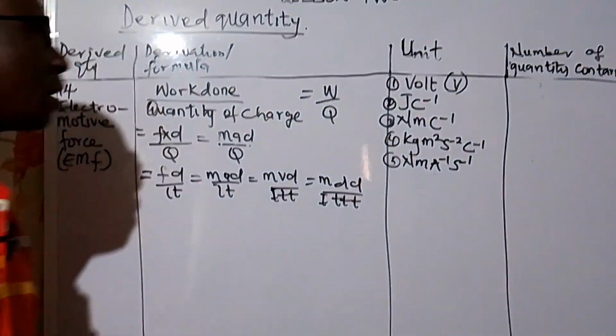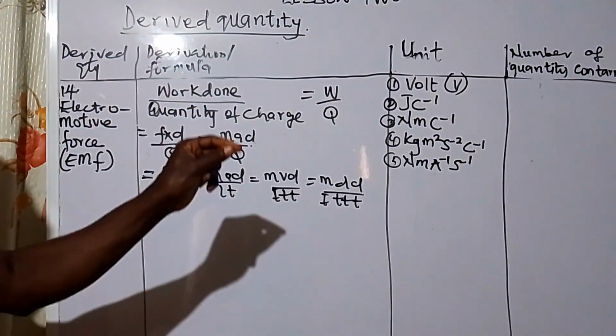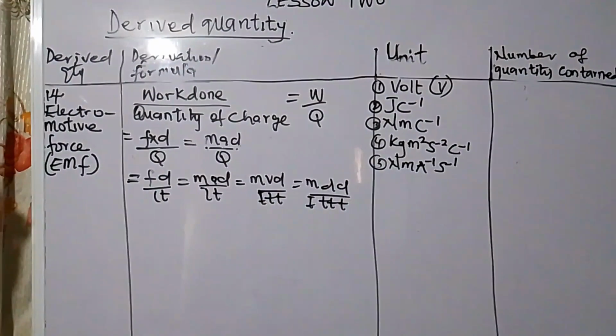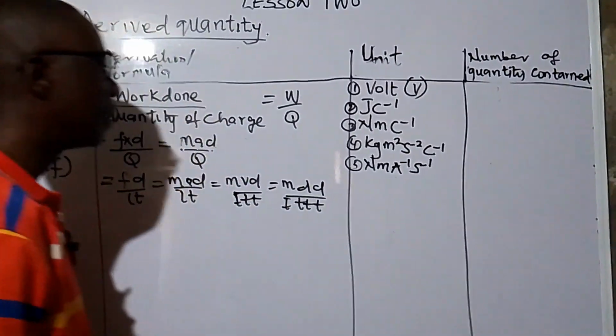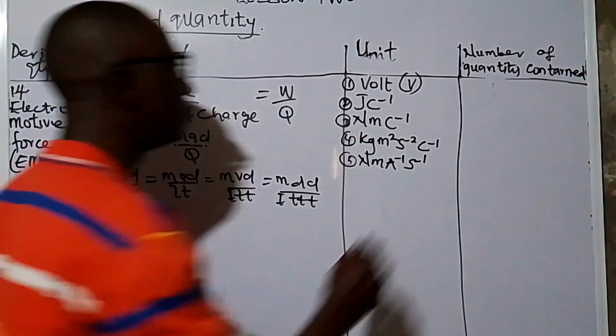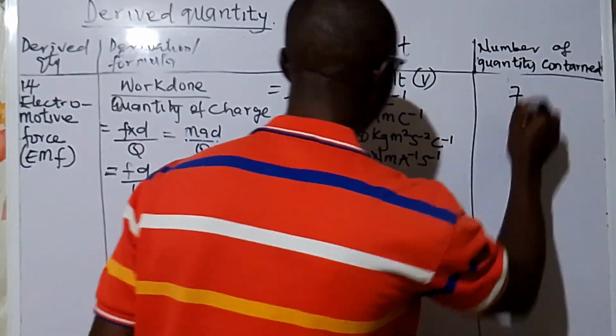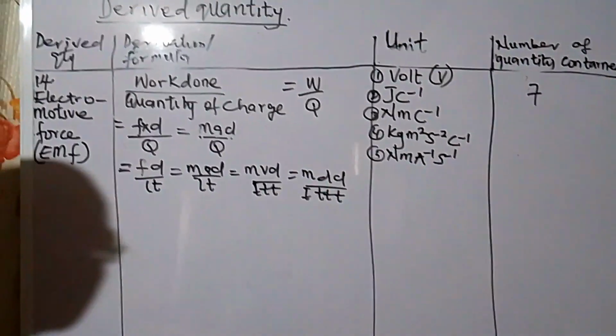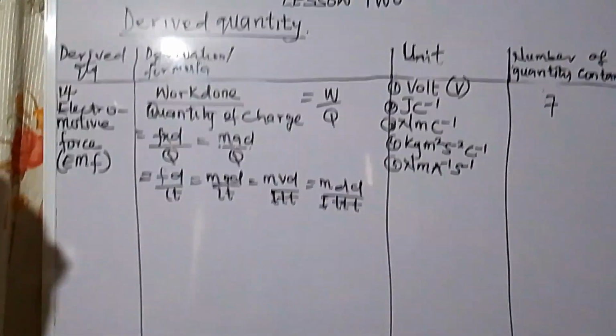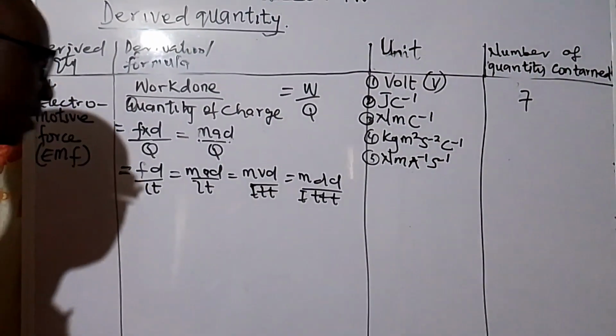Then from there we can now get the number of quantities that electromotive force can take. Let's count it together. This is 3, this is 4. Making how many quantities? 7 quantities.